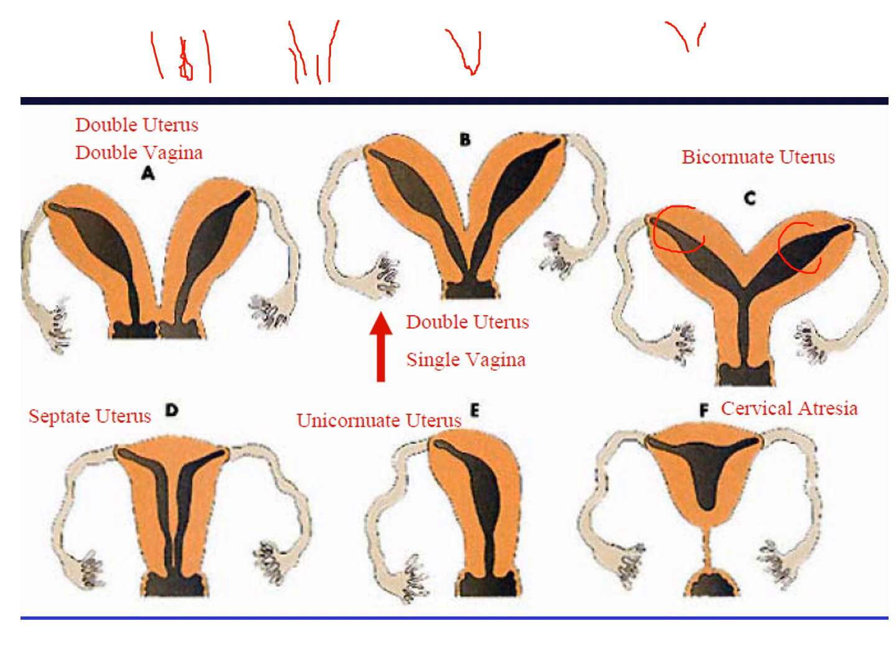So this is called septate uterus. It is one uterus, but inside it has a septum. Or sometimes we can see a unicornuate uterus. This means that one of the paramesonephric ducts disappears and the uterus is formed from only one paramesonephric duct, and this is called unicornuate uterus.